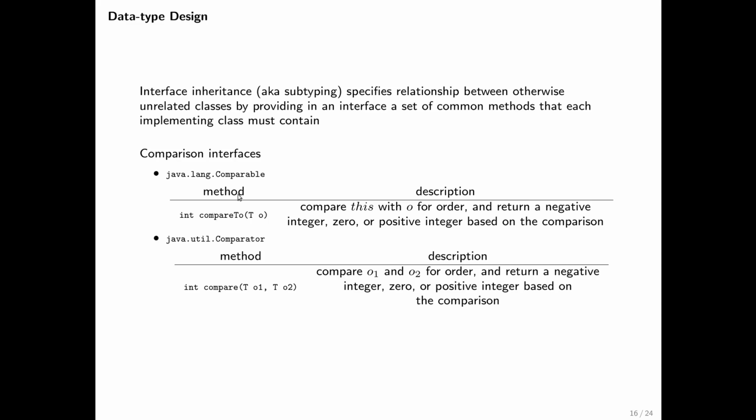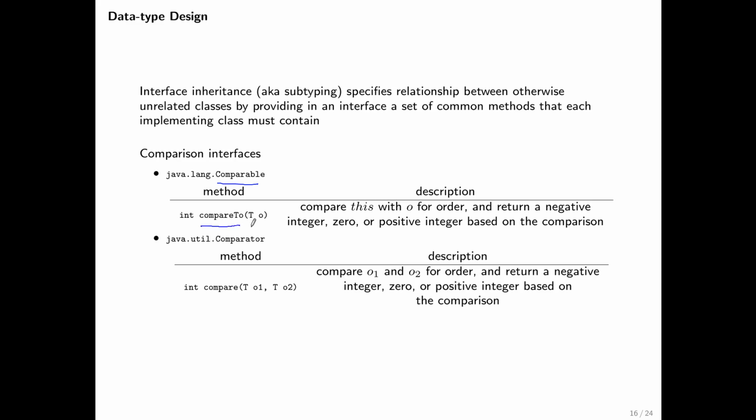Now, an interface is almost like a class with a fundamental difference in that an interface only lists methods and does not provide an implementation for those methods. So Comparable is an interface that just has one method declaration, and that method declaration is the compareTo method.